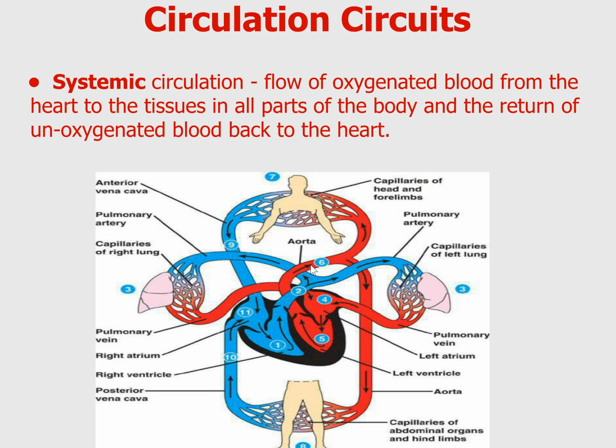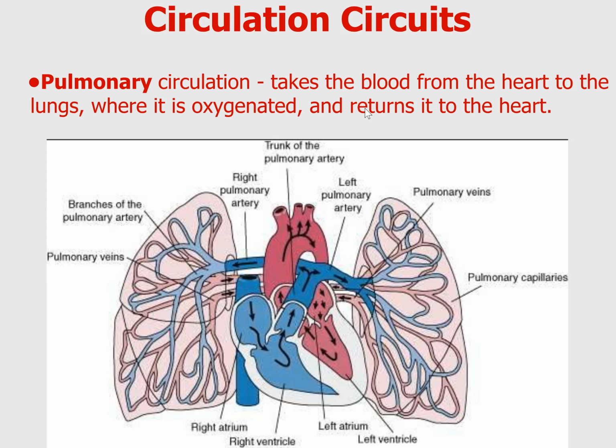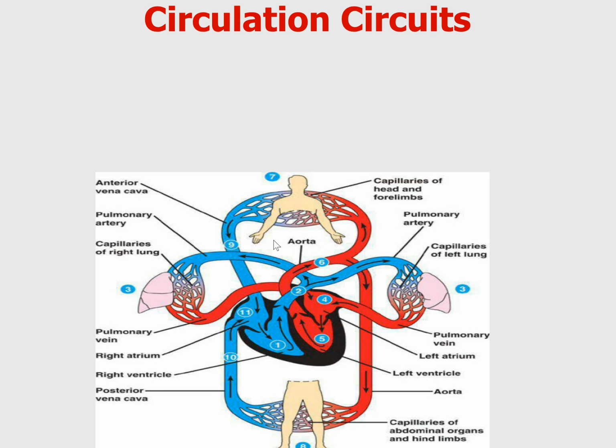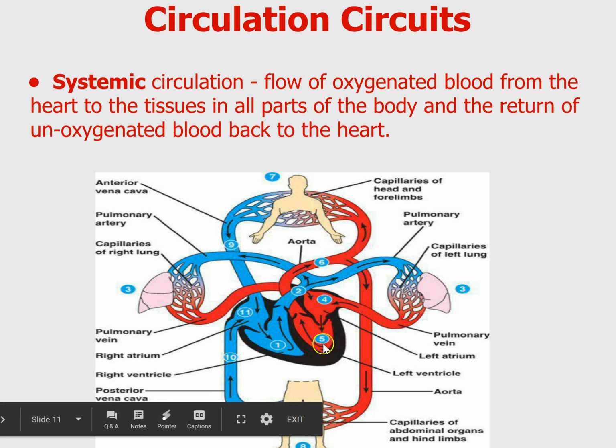This first section here in the blue is pulmonary circulation. The next step is systemic circulation. This is the flow of oxygenated blood from the heart to other parts of the body. If we look back at this picture, the red here would be the systemic circulation. You can see it on here too. Once blood is oxygenated, it returns to the heart, and that's where systemic circulation starts.